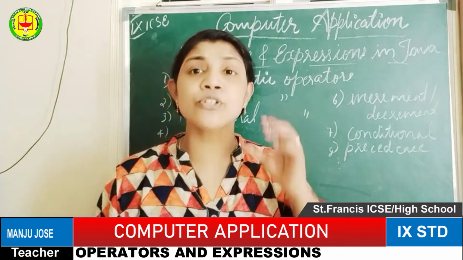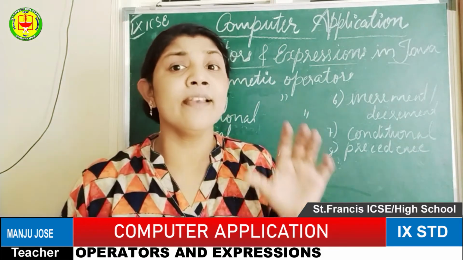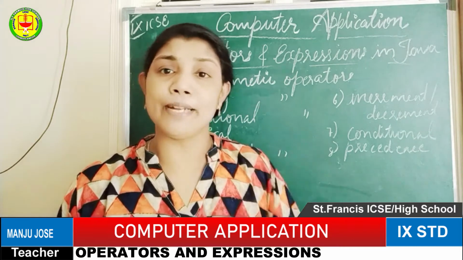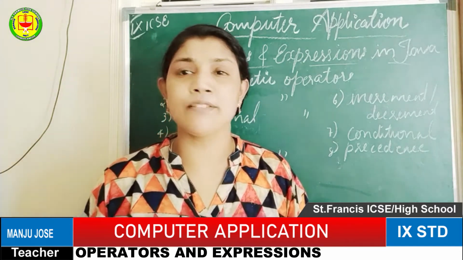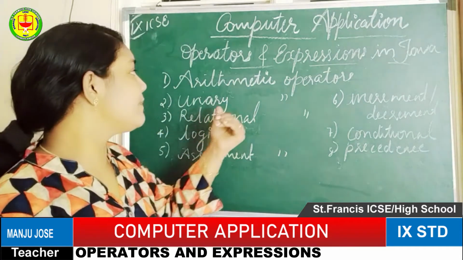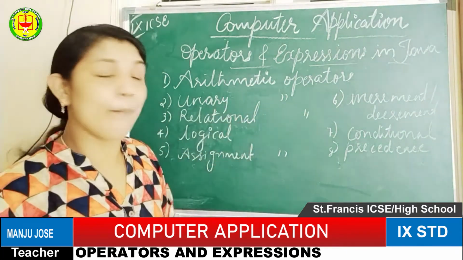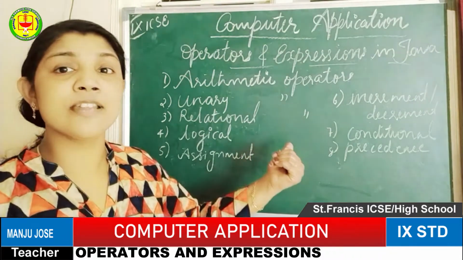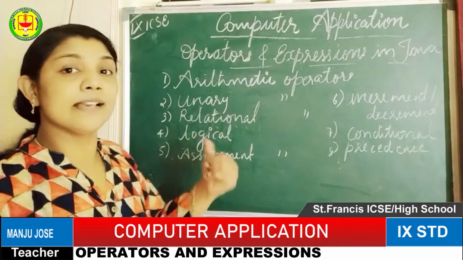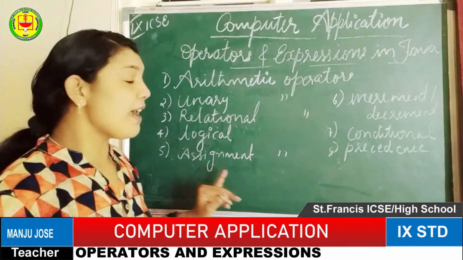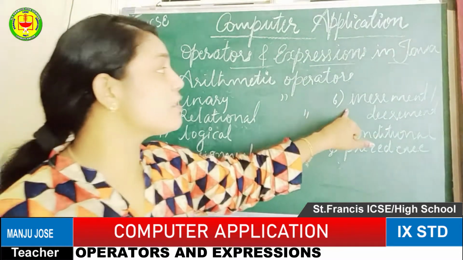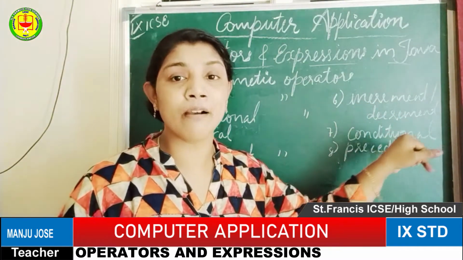In Java programming they provide 8 types of operators. What are these 8 types? The first one is arithmetic operators. The second is unary operators. The third is relational operators. The fourth is logical operators. Then assignment operators. The sixth is increment or decrement operators.